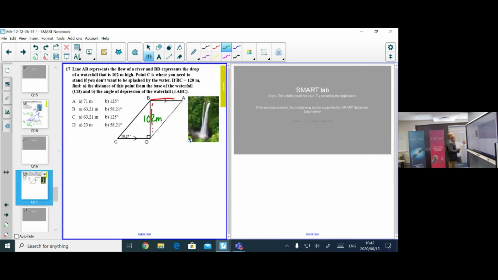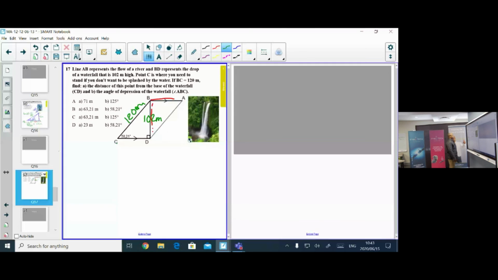Point C is where you need to stand if you don't want to be splashed by the water. If BC is 120 meters, find the distance of this point from the base of the waterfall.